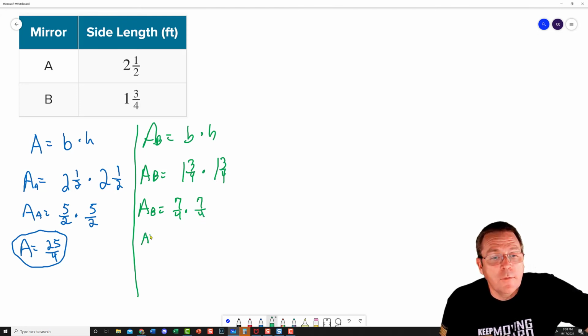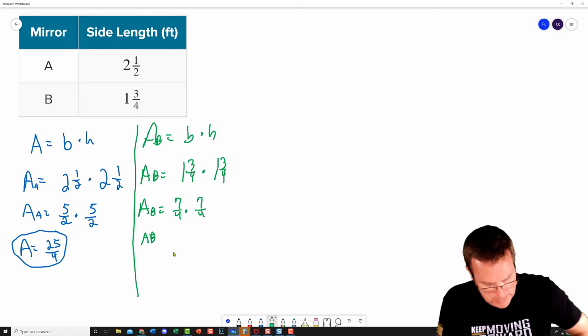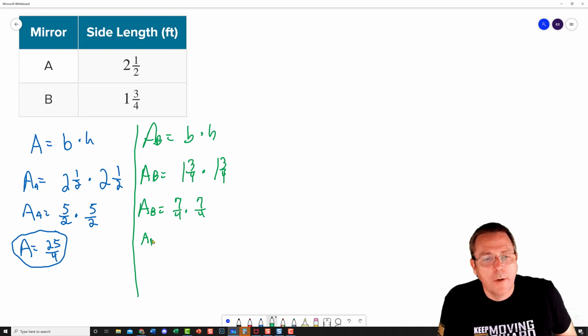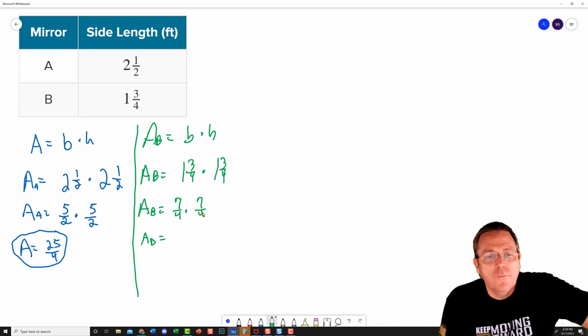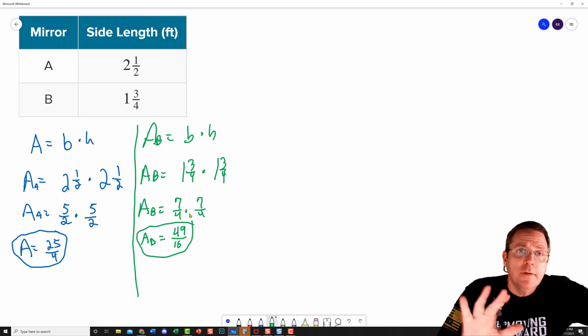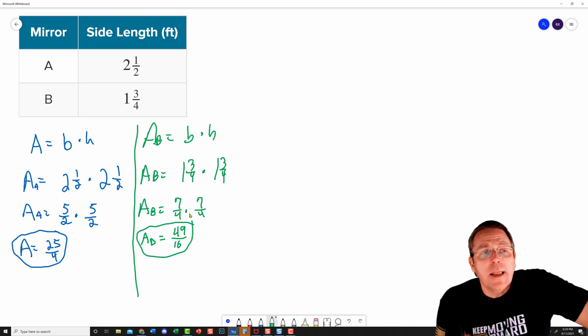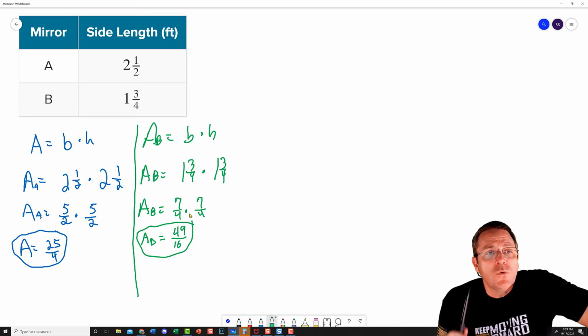Finally, that's going to give us area sub B. We can make that look a little better. Area sub B is equal to 7 times 7 is 49, and 4 times 4 is 16. And we're going to circle that, and we're going to leave it as an improper fraction, because now we have to divide square A by square B.